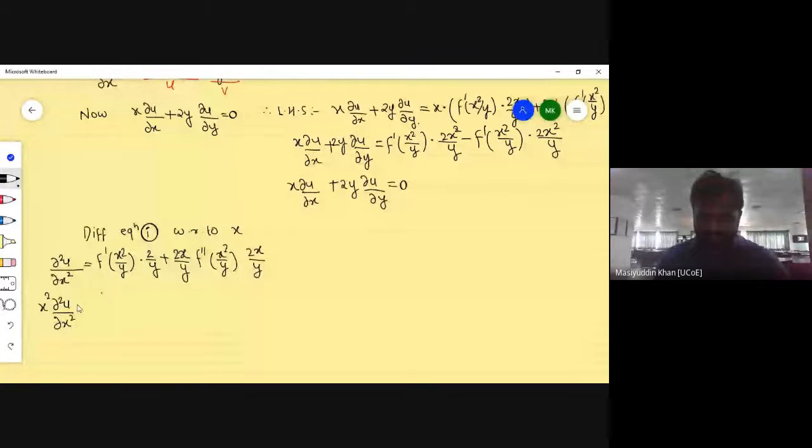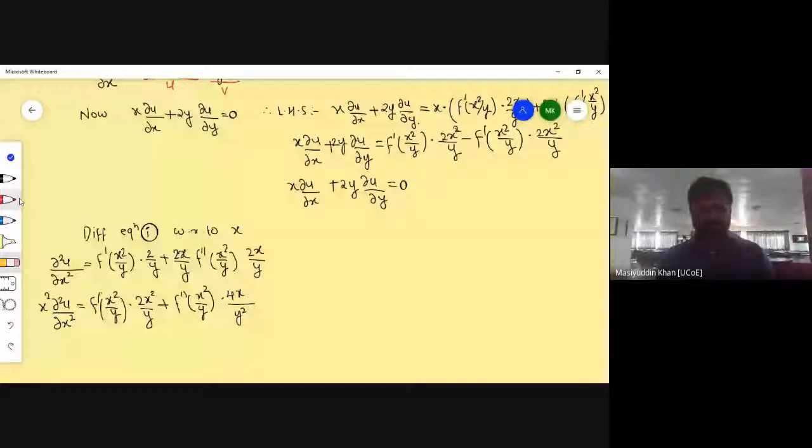X multiply करोगे तो ये f dash of x square by y as it is, this will become 2x square by y plus f double dash of x square by y as it is into, we have to multiply this part, so 2x into x square again, it will become 4x divided by y square.